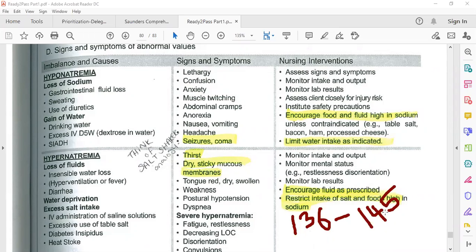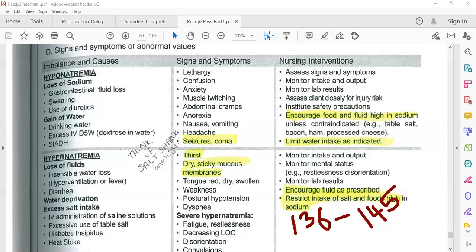If not, maybe hypo or hypernatremia. If your patient has hyponatremia, increase food and fluid high in sodium, and limiting water intake is indicated or prescribed.